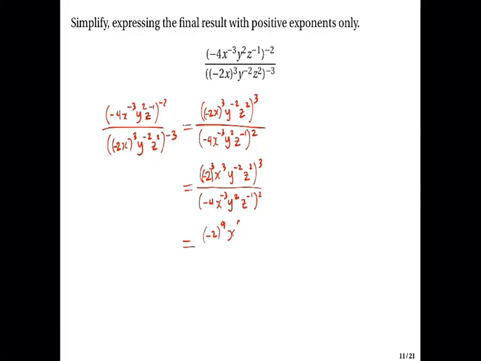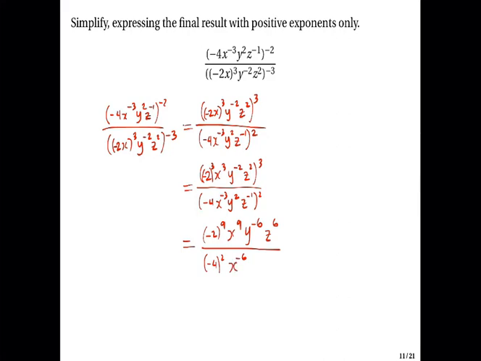And then y to the power negative 2 times 3, that's negative 6. Here z to the power 2 times 3, that's 6. And then in the denominator, we will get negative 4 raised to power 2, and then here x raised to power negative 3 times 2. That becomes x raised to negative 6.